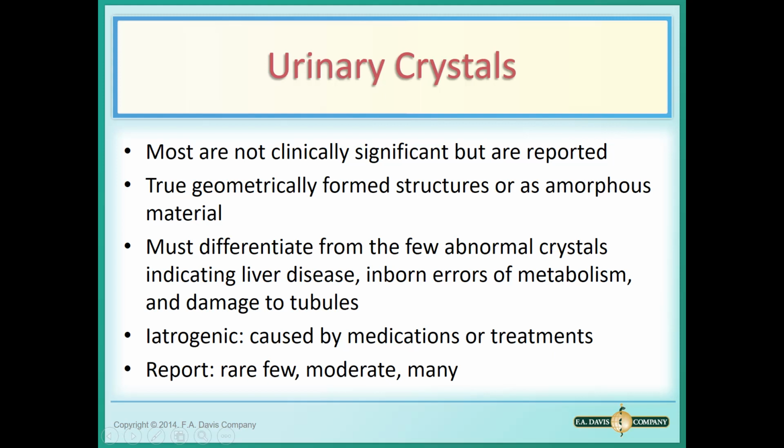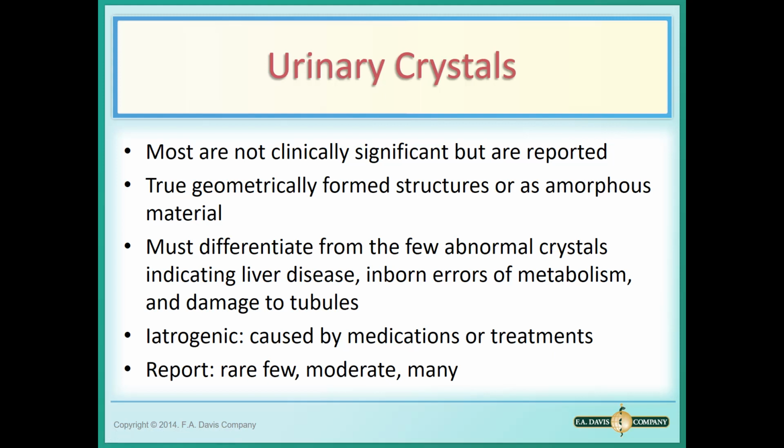If you remember, I don't know if you've talked about that in phlebotomy yet, but an iatrogenic is hospital-based. So iatrogenic anemia is an anemia that we cause by too much phlebotomy, taking too much blood. Iatrogenic crystals are those formed by medications that we give, or maybe treatments with, say, radiographic dye.